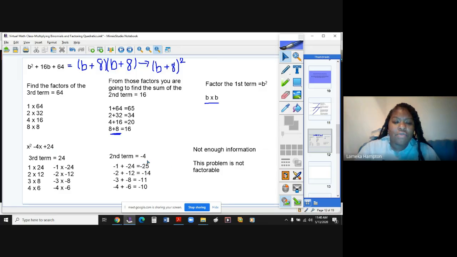So because we cannot find our second term using the numbers, that problem is not factorable. And again, when we get into the quadratic formula, which will definitely be next week, because this is just another layer on top of these quadratic expressions, I'm going to prove that to you.